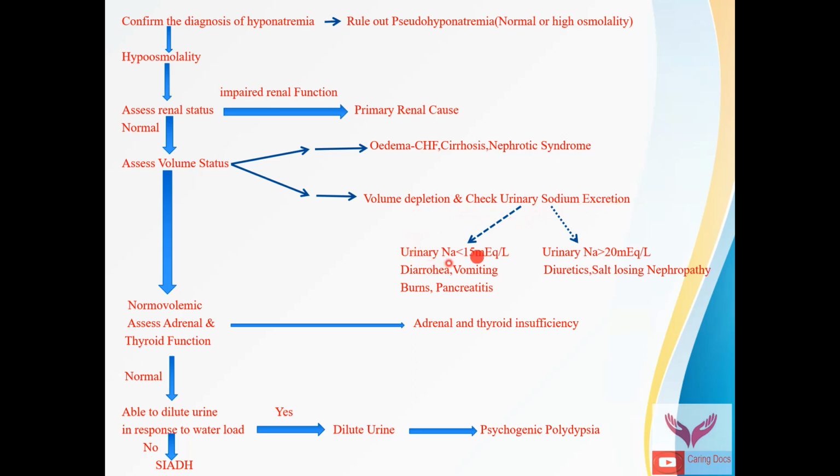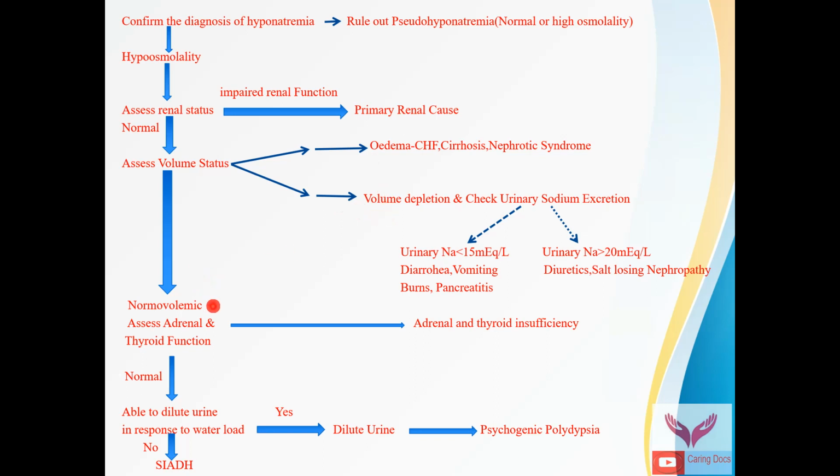If urinary sodium is less than 15 milliequivalent per liter, it means the patient might be having a history of diarrhea, vomiting, burns, and pancreatitis. If urinary sodium excretion is more than 20 milliequivalent per liter, the patient may be on diuretics, or have salt losing nephropathy. So once you check the volume status of the patient, you rule out hypervolemic status, you rule out hypovolemic status.